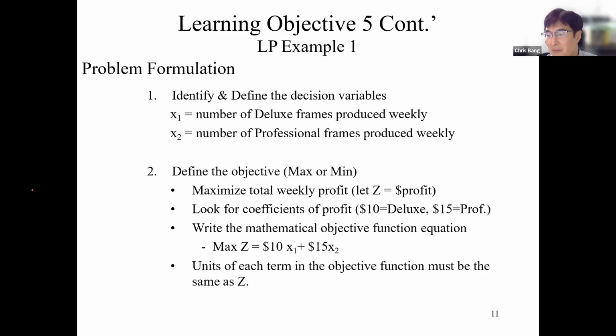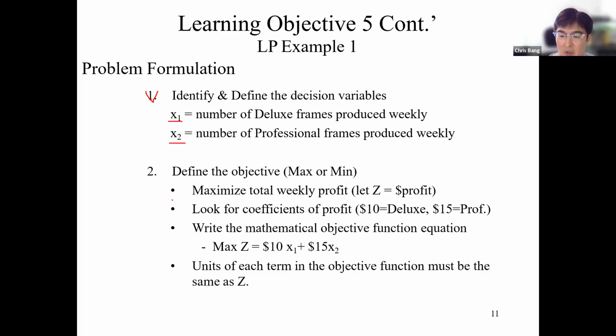The first step is to identify the decision variables. Let x1 be the number of deluxe frames and x2 be the number of professional frames produced weekly. Next, we define the objective.